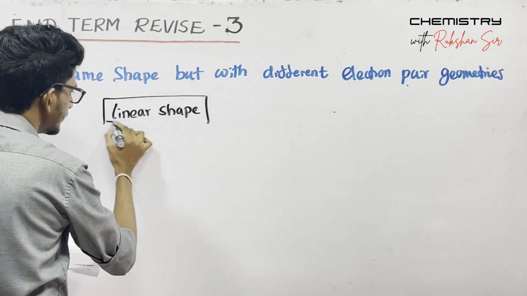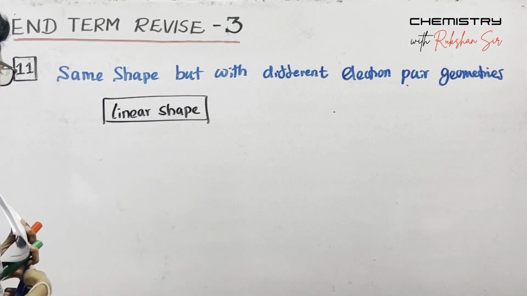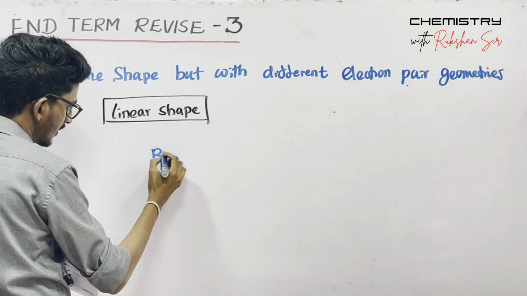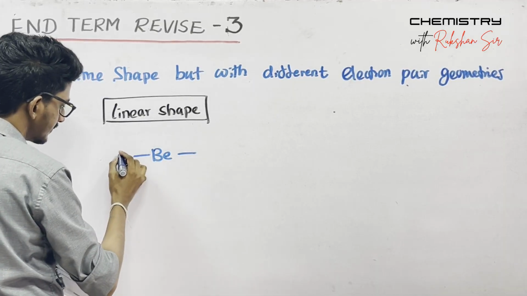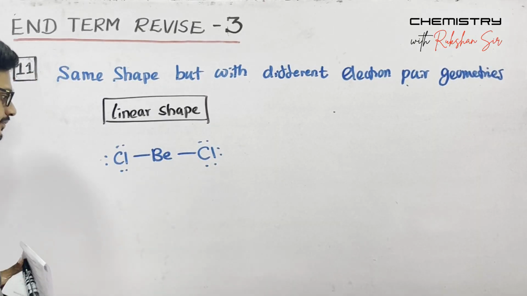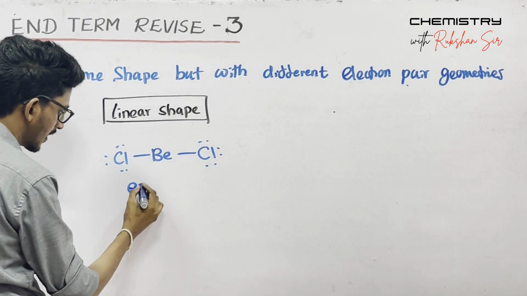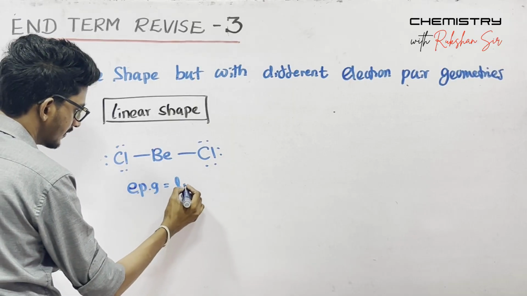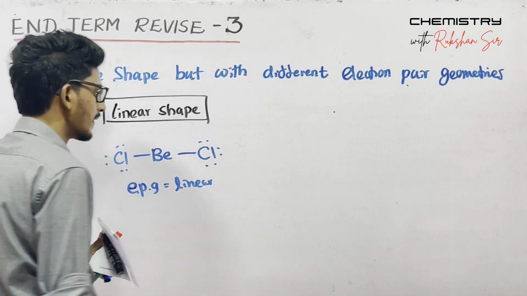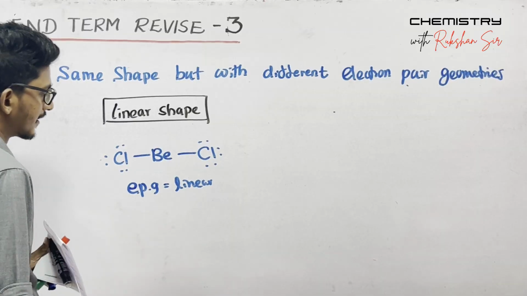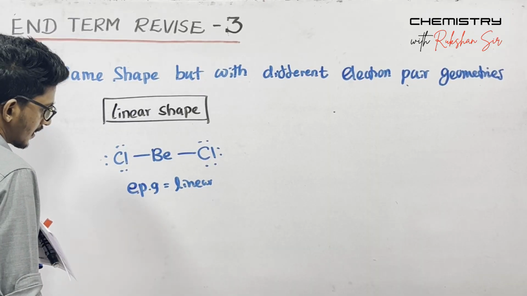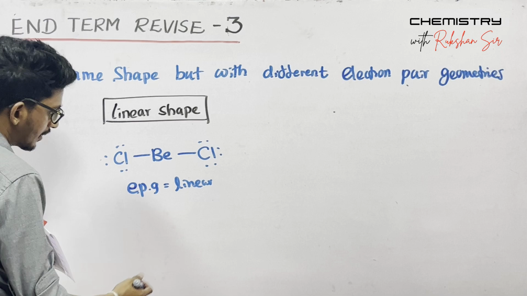a linear shape. So a linear shape could come from a linear electron pair geometry, where the electron pair geometry is linear, or we could think of some linear shape coming from trigonal bipyramidal geometry as well.